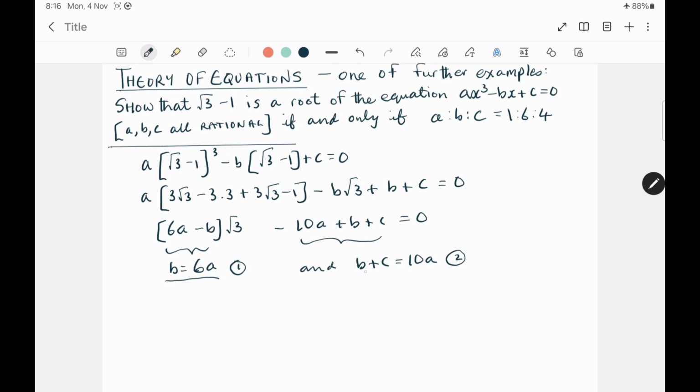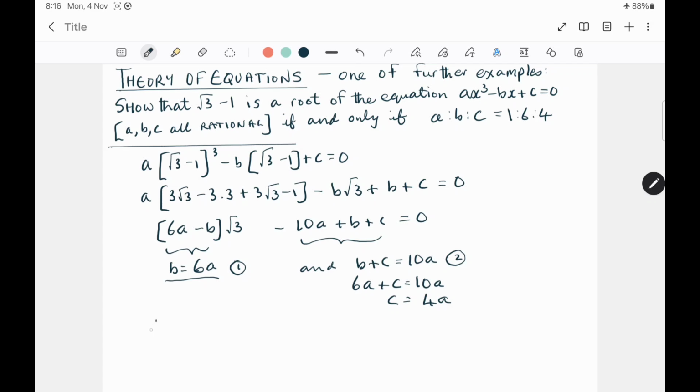Substituting in here for b, we get 6a plus c is 10a, which means c is equal to 4a.